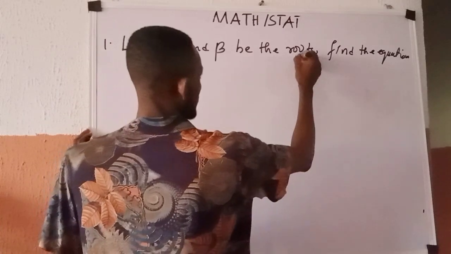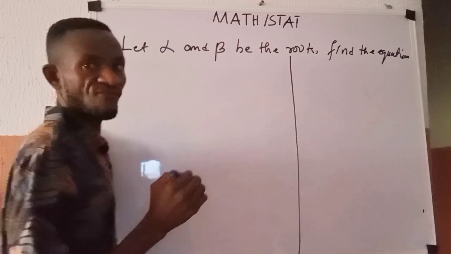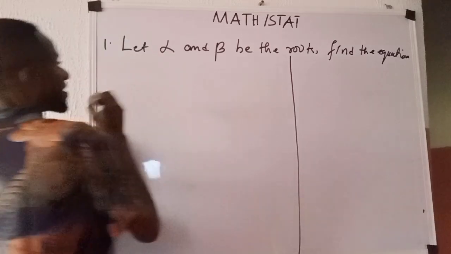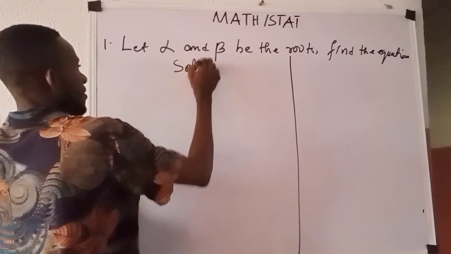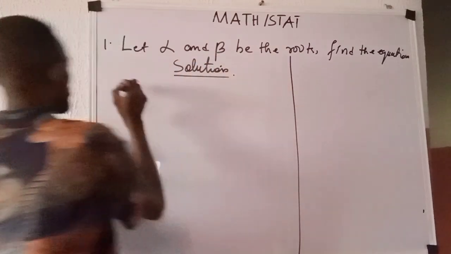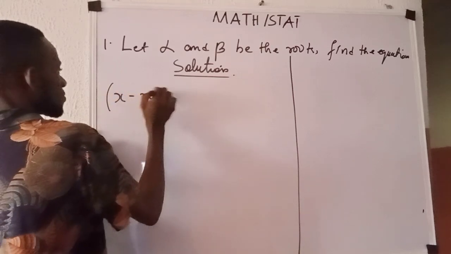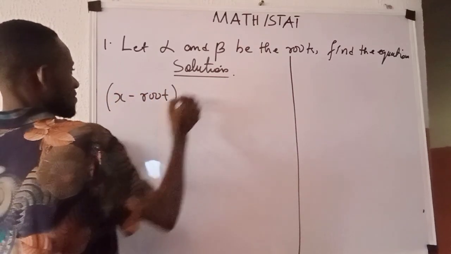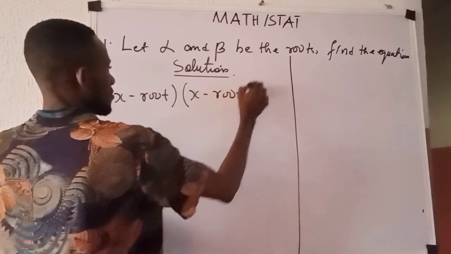Permit me to define the board this way. Then I am now going to say the expression as a word of solution. I am going to use this. This is x minus root, close it, open again, x minus root, close it.